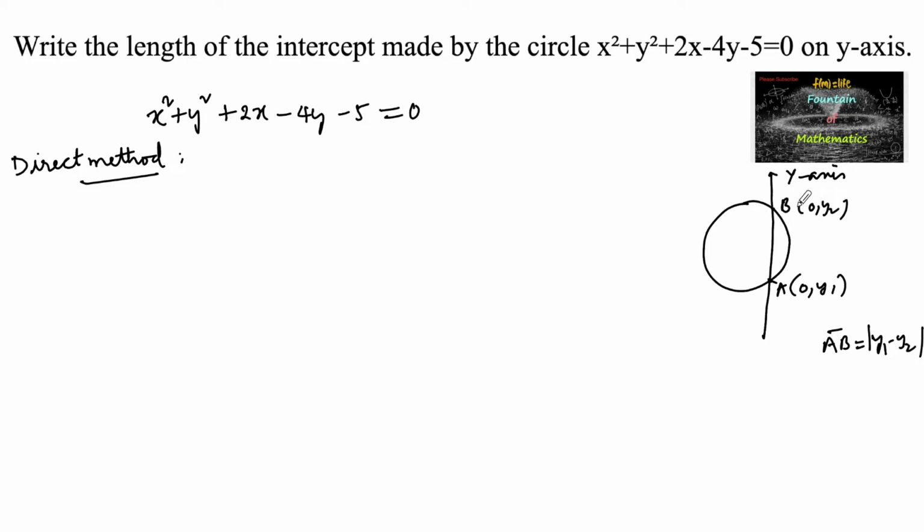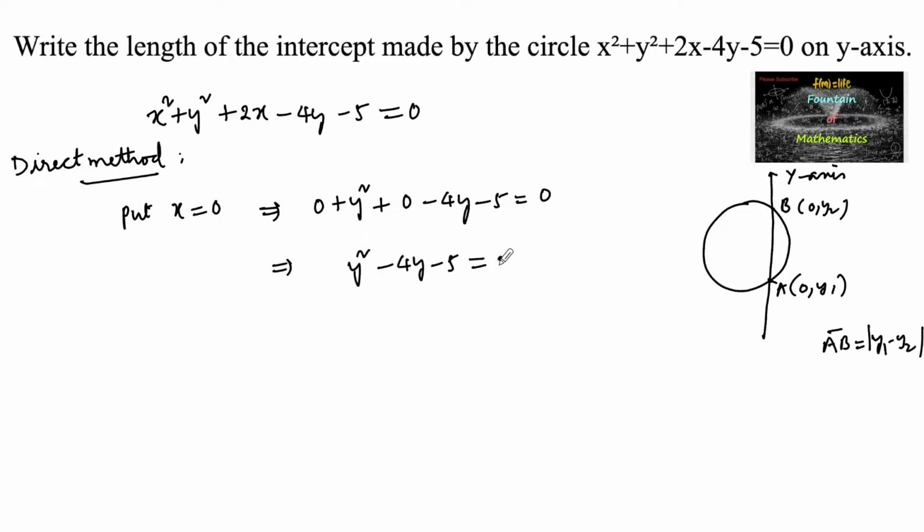To find the intercept, it's very clear that the x coordinate of the points on the y-axis is 0. So put x equal to 0 in the circle equation. We get 0 plus y square plus 0 minus 4y minus 5 equals to 0, which implies y square minus 4y minus 5 equals to 0.